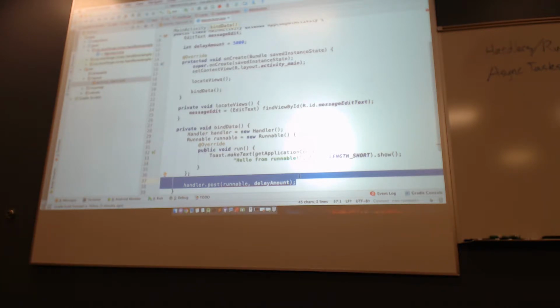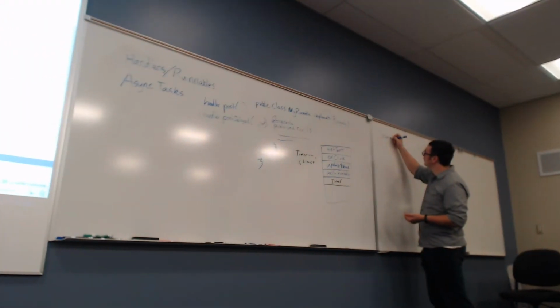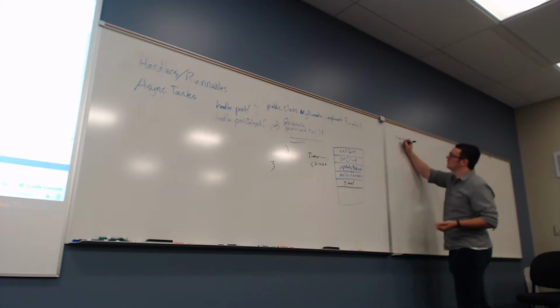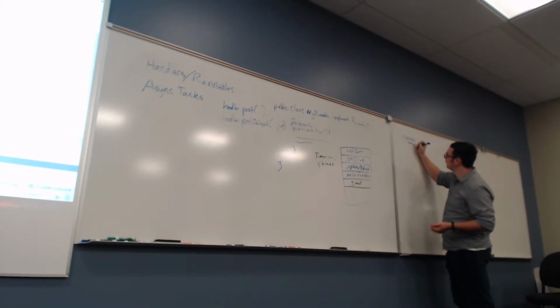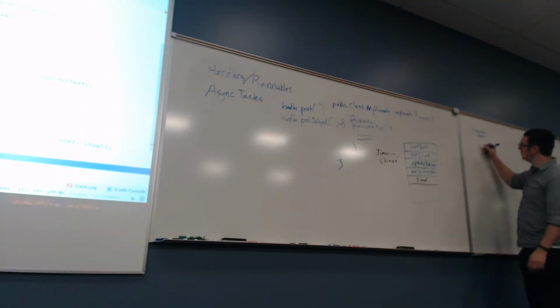My thought of how you could build it is, this is a really bad way to do that actually, but you could make a post or you could make a runnable that has a handler that it was created on. And then it will run.